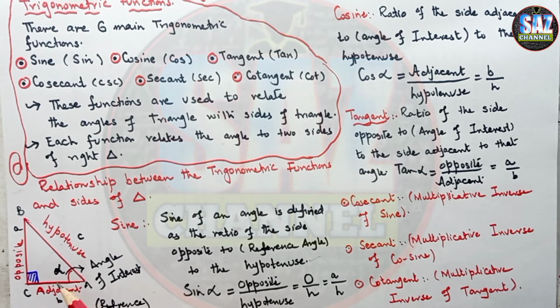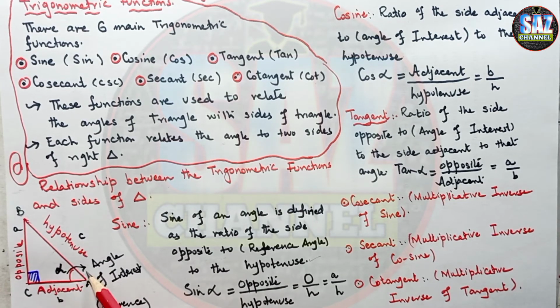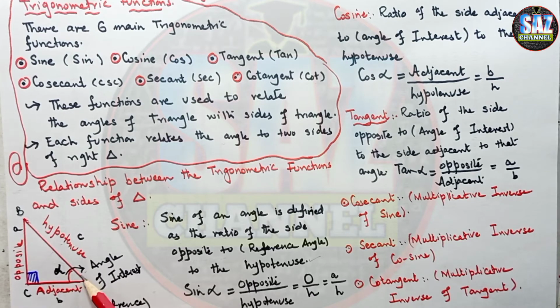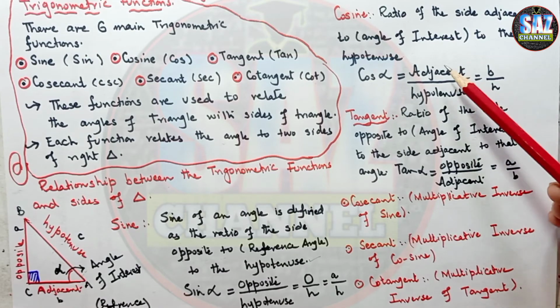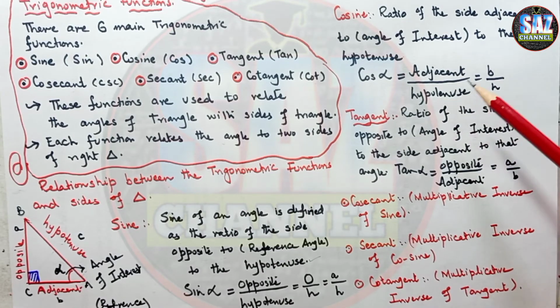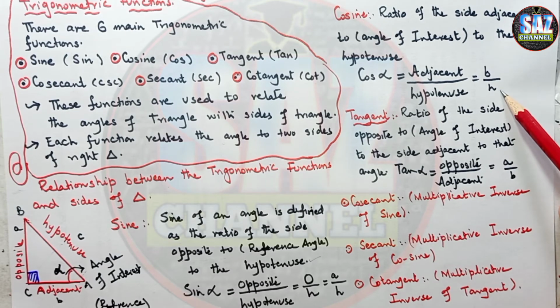The adjacent side of that reference acute angle, or angle of interest, and the hypotenuse. So the ratio for cos will be adjacent upon hypotenuse. If we look at the diagram, adjacent has the name B, that's why I'm writing B here upon hypotenuse.